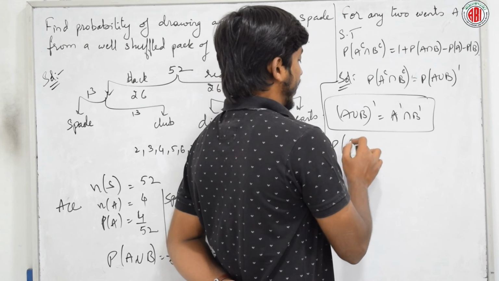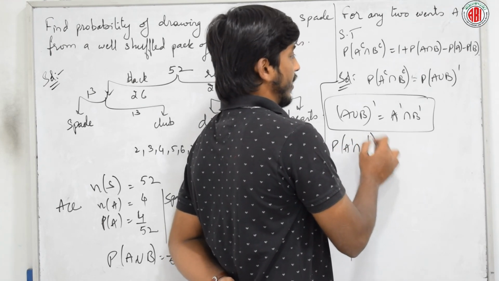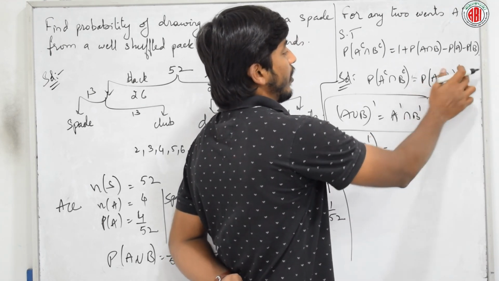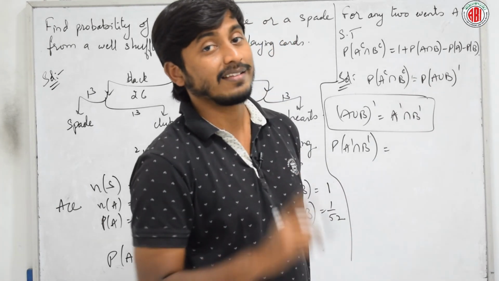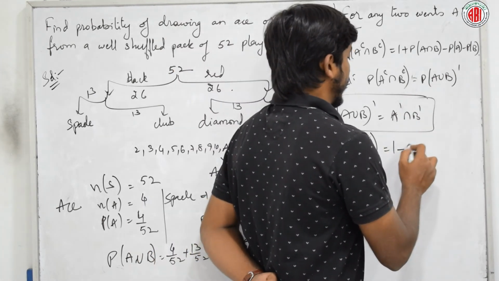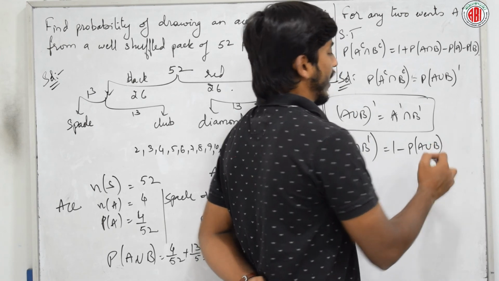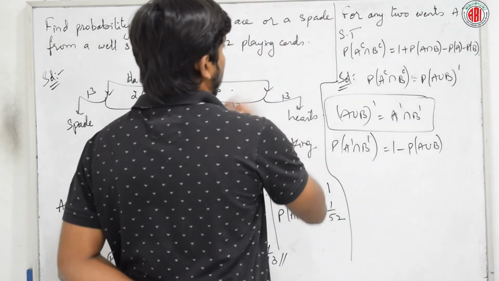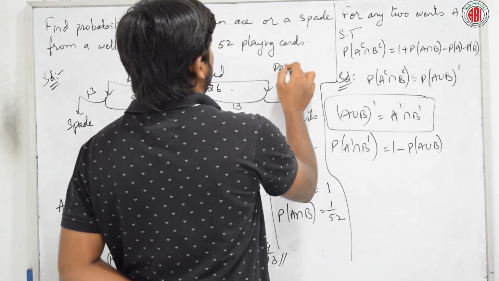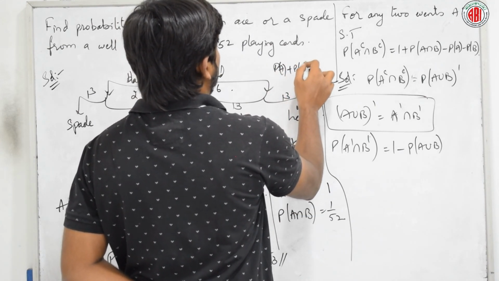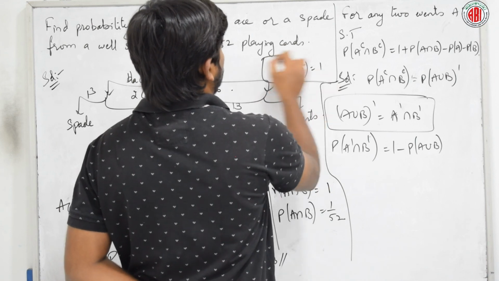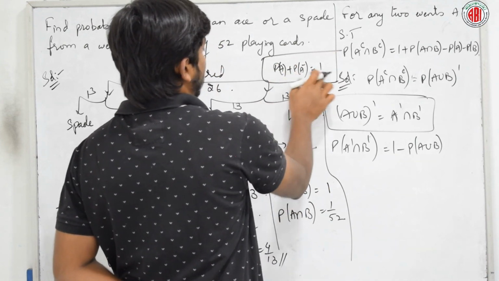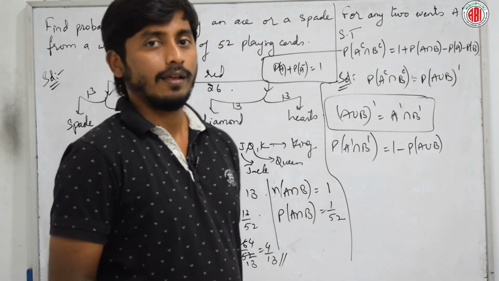Now just tell me A complement intersection B complement is equal to P of A union B whole complement, which can be written as 1 minus P of A union B. Why? If you remember, we wrote P of A plus P of A bar is equal to 1. Is it? So I can write P of A bar is equal to 1 minus P of A. Yes?